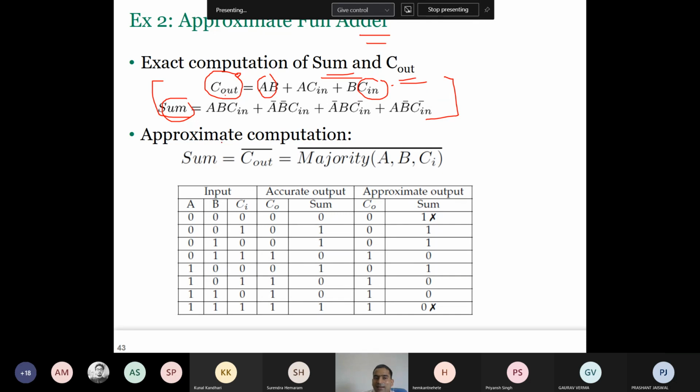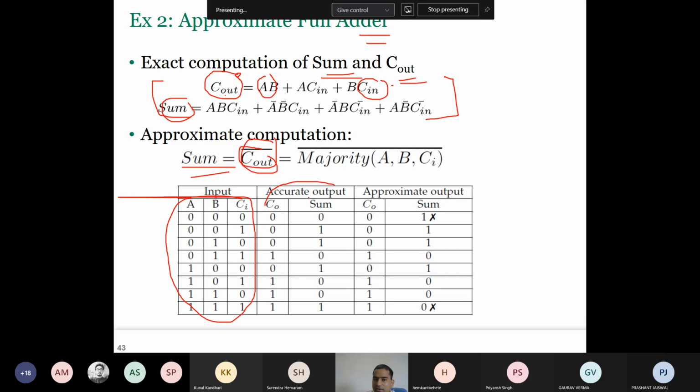Now let us use approximate adders. Here what we do, we first compute the cout exactly, and then for sum we don't compute exactly, we just take the inverse of cout as the sum. Because we have 3 inputs, we have a total of 8 possible combinations.